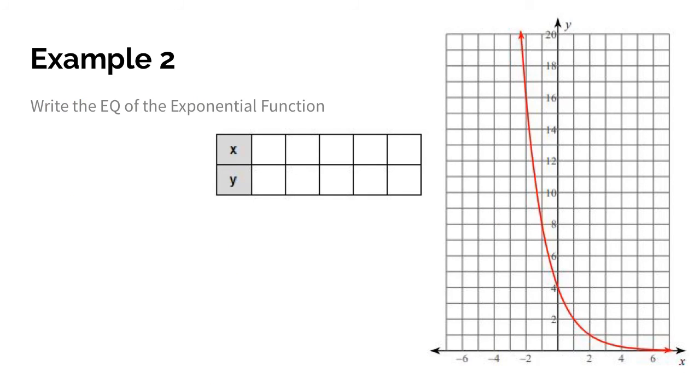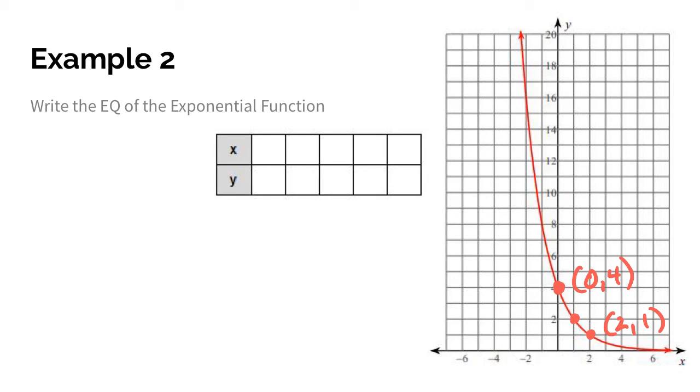All right, our last example here: just like we did in exponential growth, we're going to see if we can do the opposite, take a graph and try to write the exponential function based on the graph. So just like before, we're going to identify some points on my graph. I can see a point here at 0, 4. I see a point here at 2, 1.